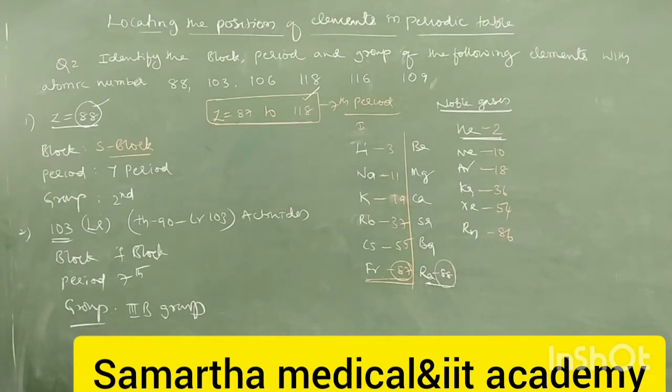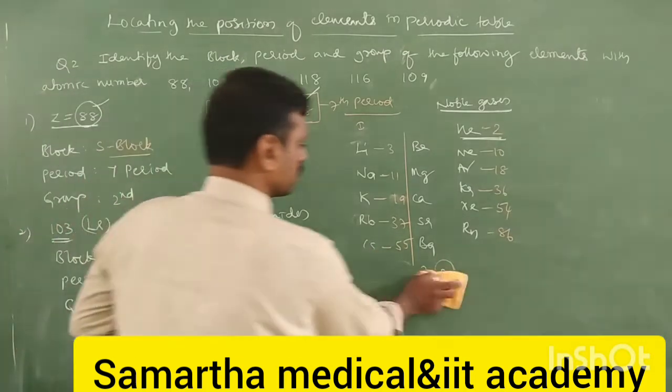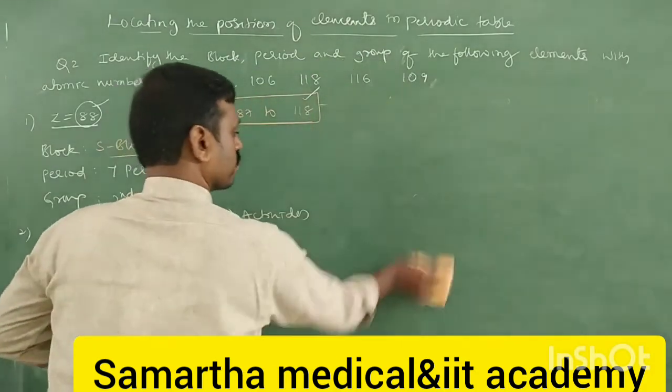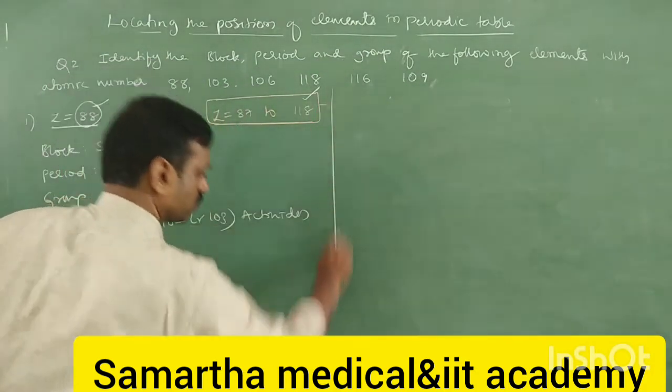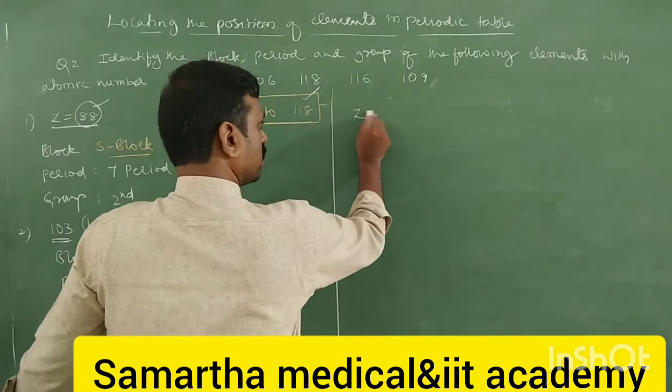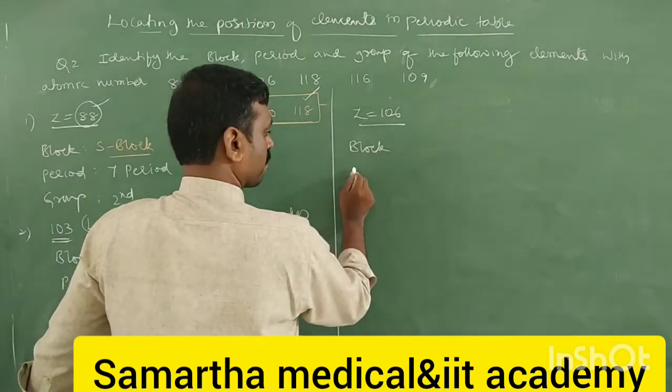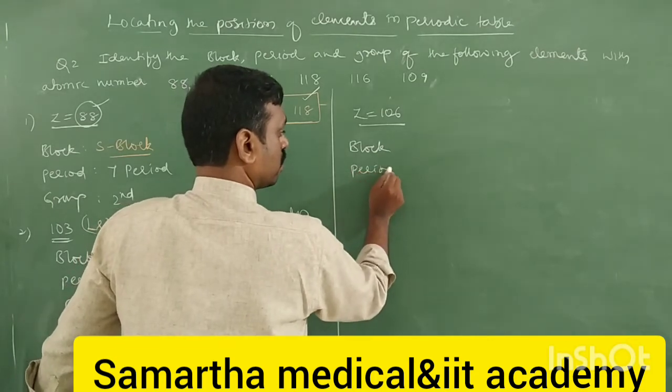Okay. Next is 106. So atomic number is 106. Block, tell me. D block.